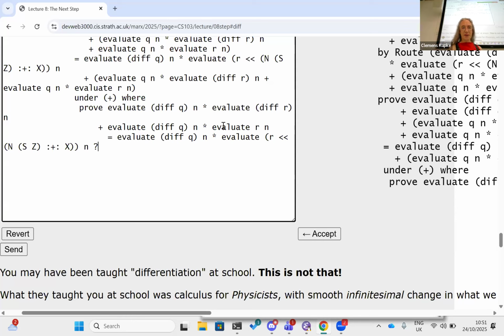Okay, so now this thing here is evaluate of shift R at N. And I know a law about that. I know that I can change the right-hand side.